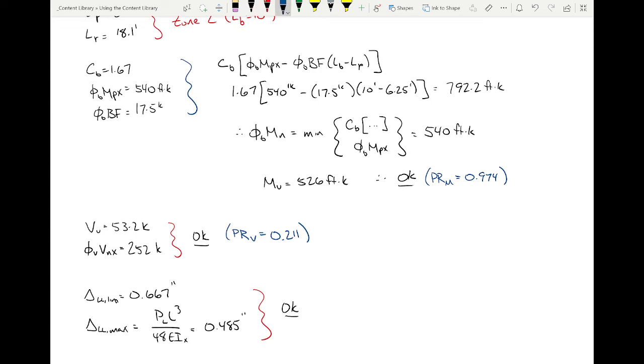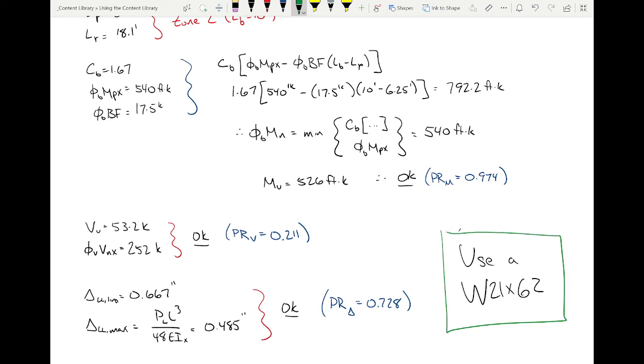And if you want a performance ratio for the deflection, it ends up being something like 0.728. Again, I'm going through these calculations pretty quickly because this stuff I think we're pretty familiar with.